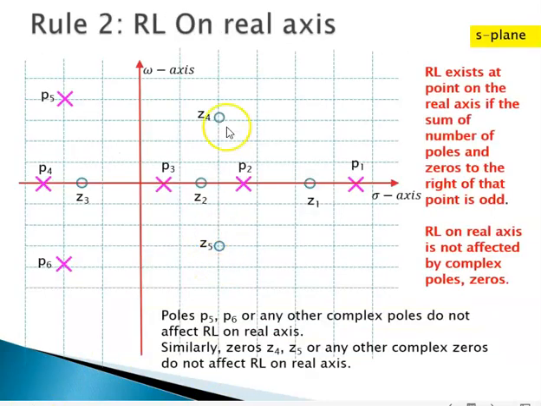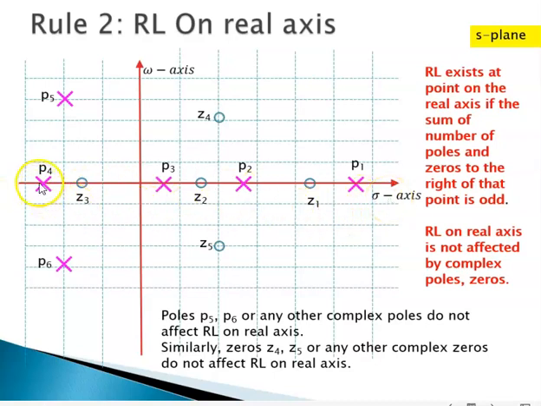Rule 2 kind of breaks the whole plot of the root locus into two regions. One region existing on the real axis, the other region away from the real axis. So we'll see as part of rule 2 where the root locus exists on the real axis.